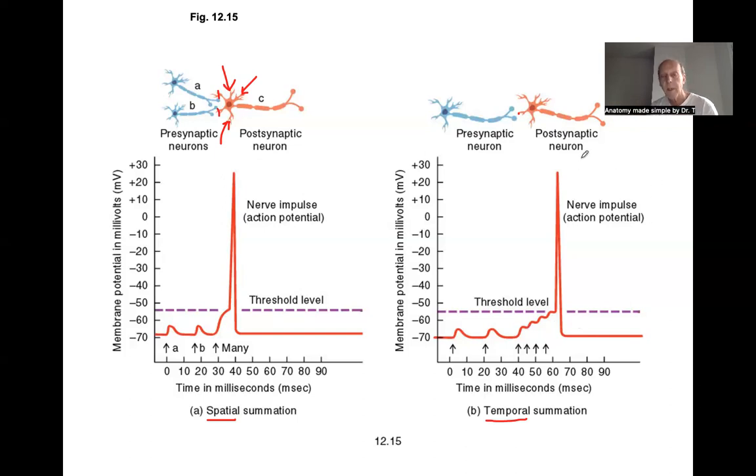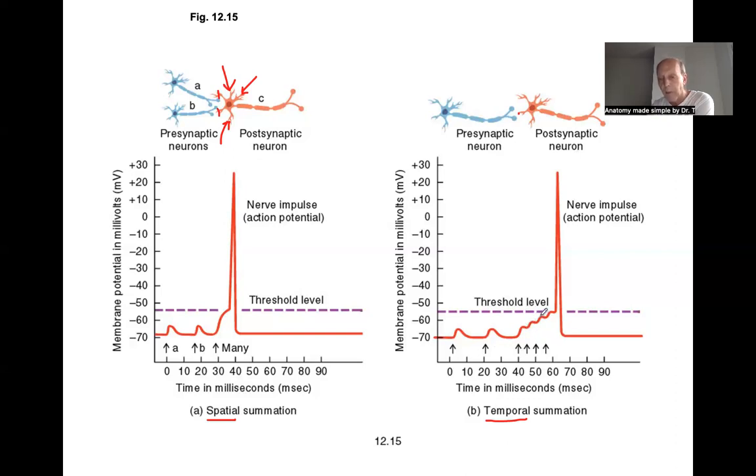But if the presynaptic neuron, because it has been properly stimulated, keeps firing its own action potentials multiple times, now you see it's not every 10 or 20 milliseconds, but rather every 3-5 milliseconds, the resting membrane potential of the postsynaptic neuron will start rising through the threshold, would not have enough time to go back to resting membrane.